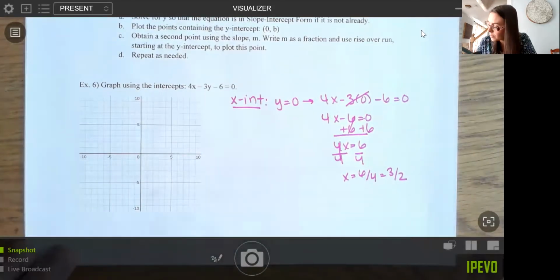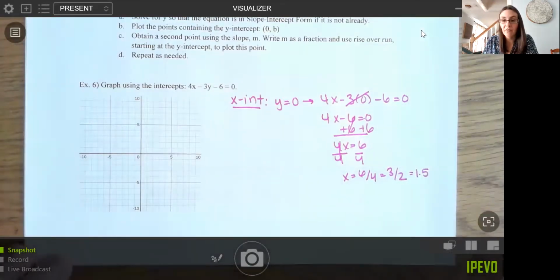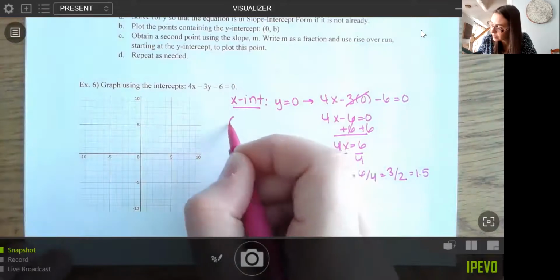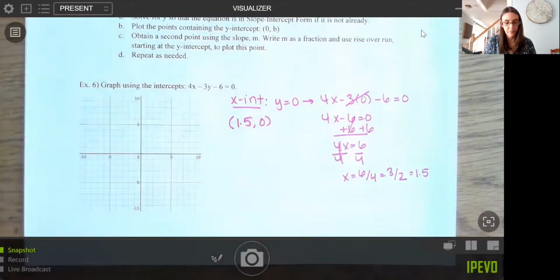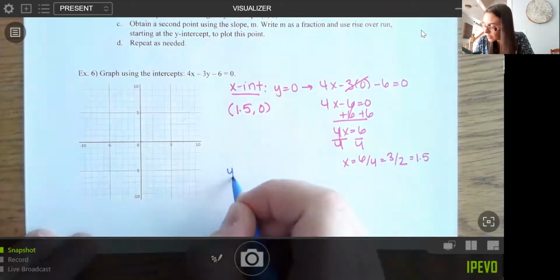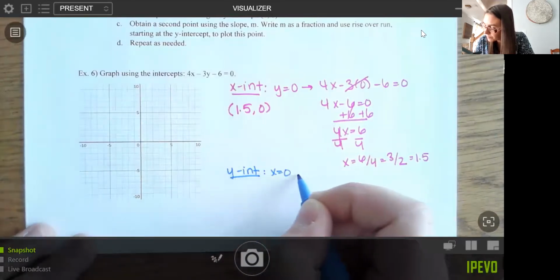If you have a hard time with this, you could also use your calculator and know that this is the value 1.5. So my x-intercept is 1.5, 0. Then I'm going to find my y-intercept. We plug in x equals 0 here.